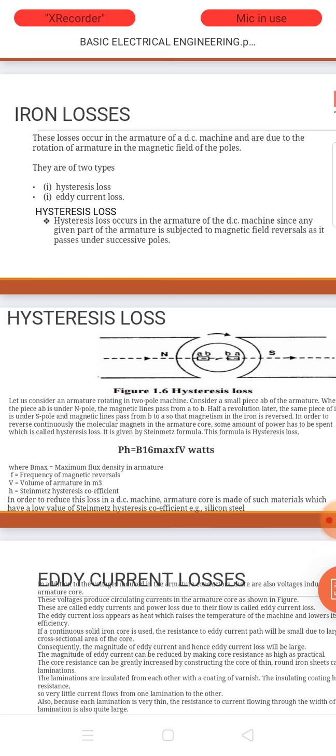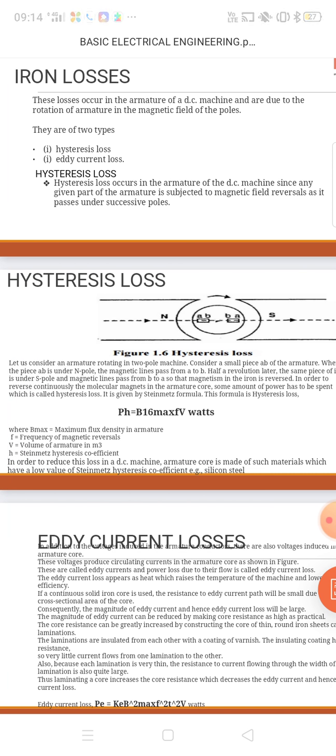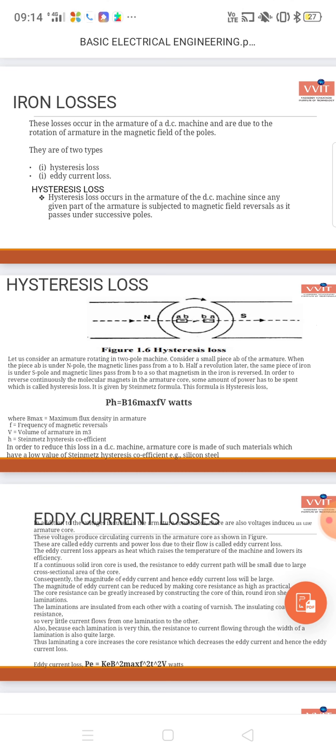Let's get into it. This diagram represents the hysteresis loss. Let us consider an armature rotating in a two-pole machine, north pole and south pole. Consider a small piece AB of the armature. When the piece AB is under the north pole, the magnetic lines pass from A to B. Half of a revolution later, the same piece of iron is under the south pole and magnetic lines pass from B to A, so that magnetism in the iron is reversed.